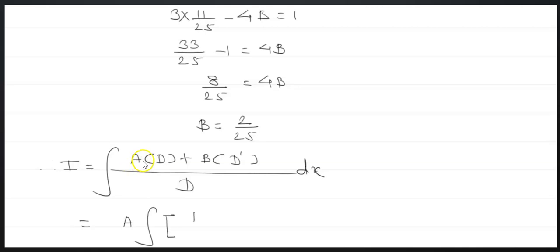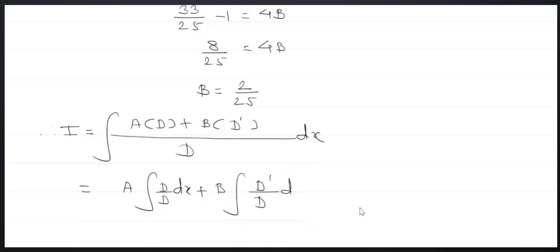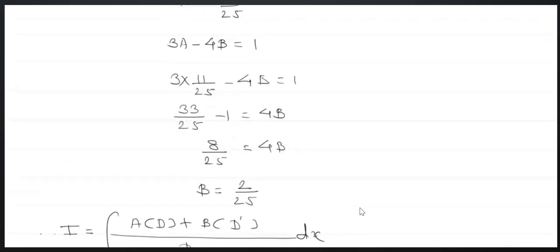If we evaluate this, a d upon d is 1, and plus b d dash upon d dx, where d dash is the derivative of the denominator.